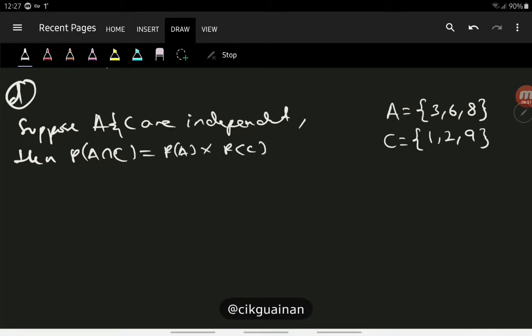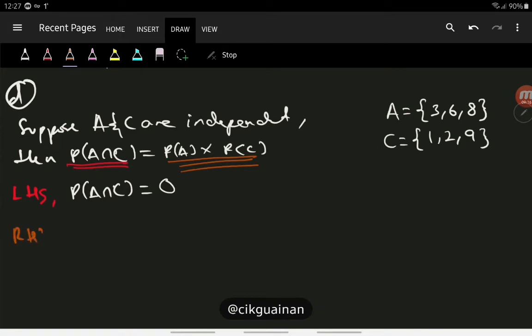Once again, this is our left hand side and this is our right hand side. So we find our left hand side first. P(A intersect C). Since there's no intersection, it's 0. No common element.